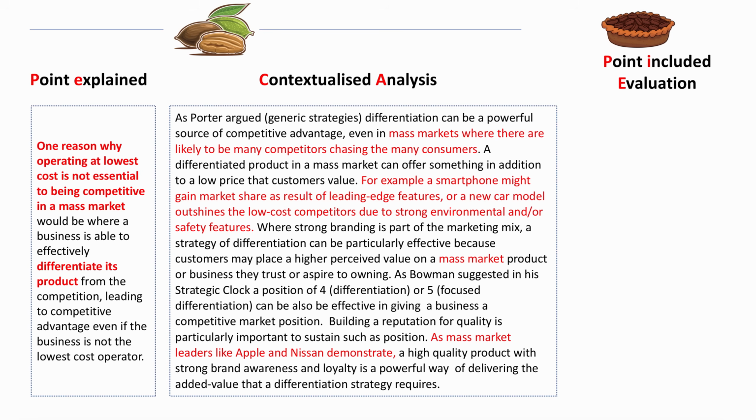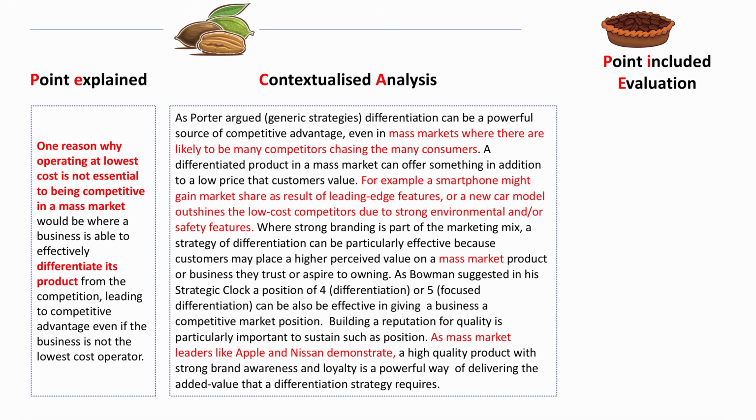As Porter argued, differentiation can be a powerful source of competitive advantage, even in mass markets where there are likely to be many competitors chasing the many consumers. So what I've done is I've put my context or application here in red, just to show the examiner that I'm talking about mass markets, but also I'm demonstrating that I know what a mass market is. Many competitors, many consumers. A bit more how and why.